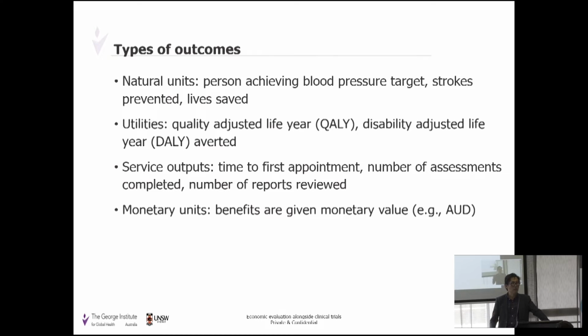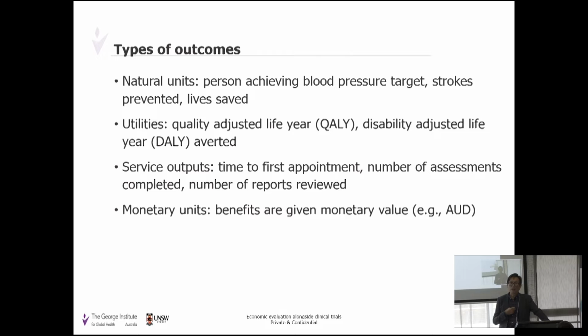There's no such mandate in Australia. People are generally free to use what they like, but the EQ5D is most common. The advantage of the EQ5D is it's very simple. It's only 5 items, but because of that, it's quite inflexible, and so it's not very sensitive to changes, particularly in mild health states.